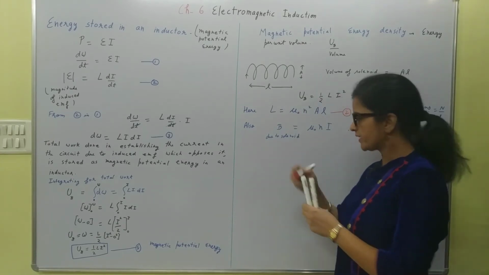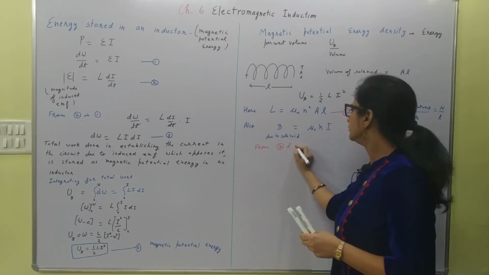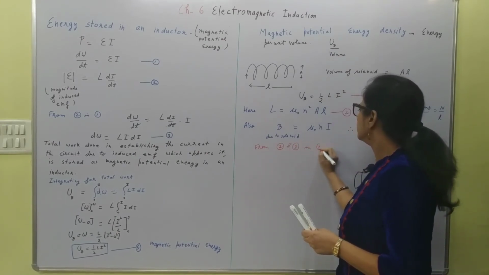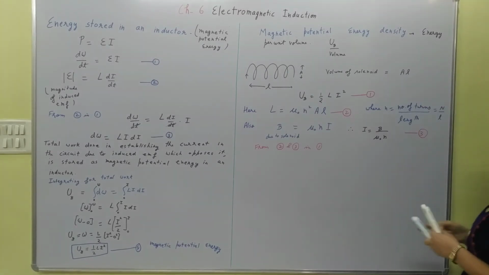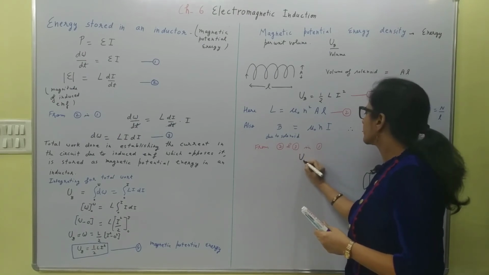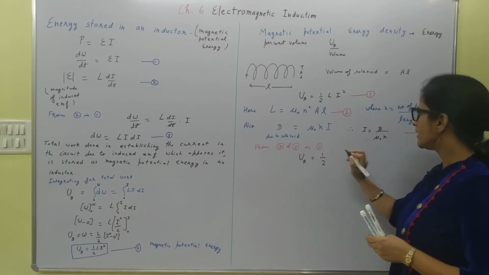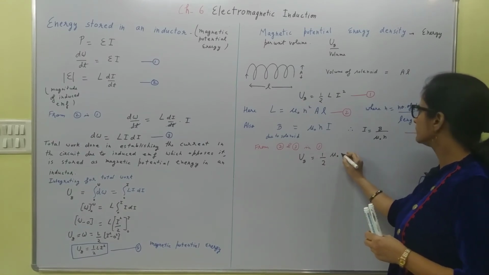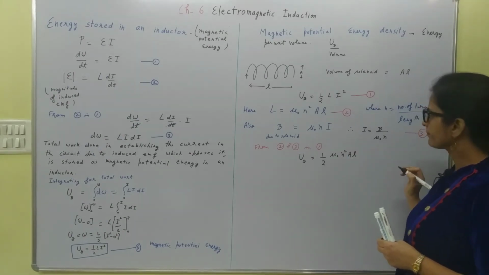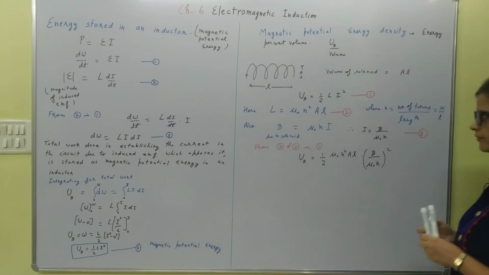So putting 2 and 3 in 1, you will get magnetic potential energy in this form. Half L is how much? Mu naught n square A L, and I is how much? B upon mu naught small n, and this is squared, right?